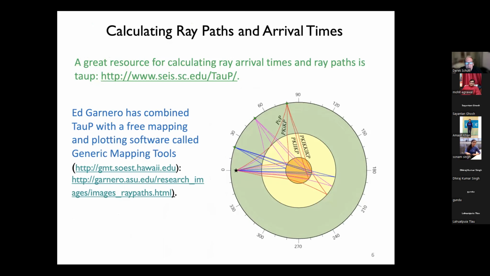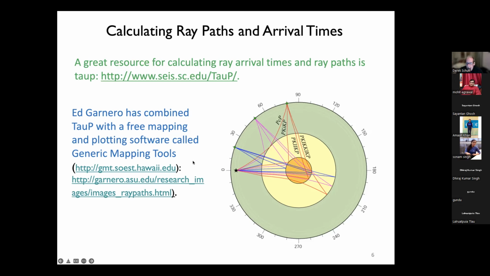So a great resource for calculating ray arrival times and ray paths is TauP, which can be found here. And Ed Garnero has combined TauP with free mapping and plotting software called Generic Mapping Tools, or GMT, which we will learn about in one of our tutorials. So here's an example where he has plotted all sorts of rays: PcP, PK, little IKP, PKI, and so on.